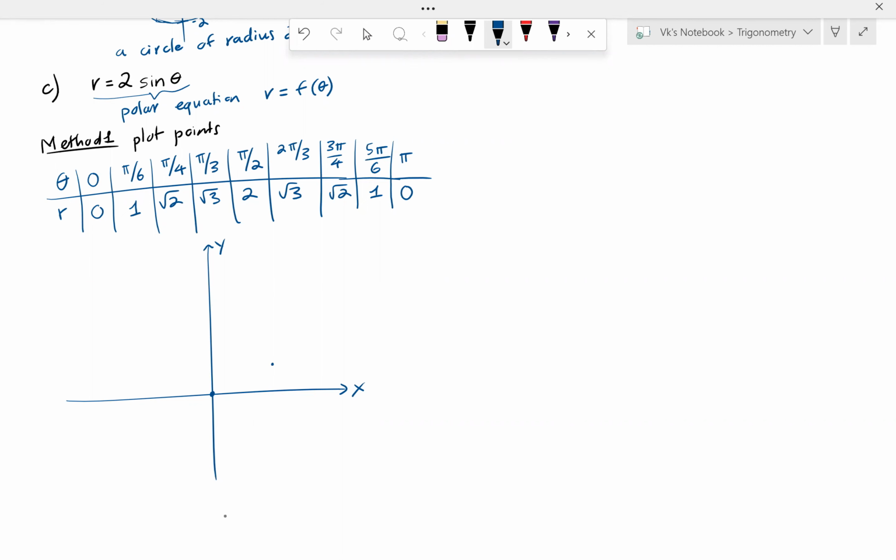And then it gets a little bit bigger. Pi over 6. Pi over 4. Pi over 3. And pi over 2.